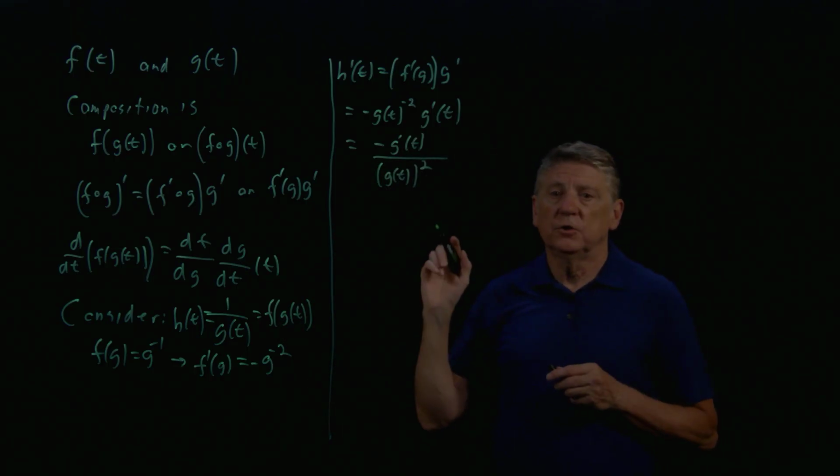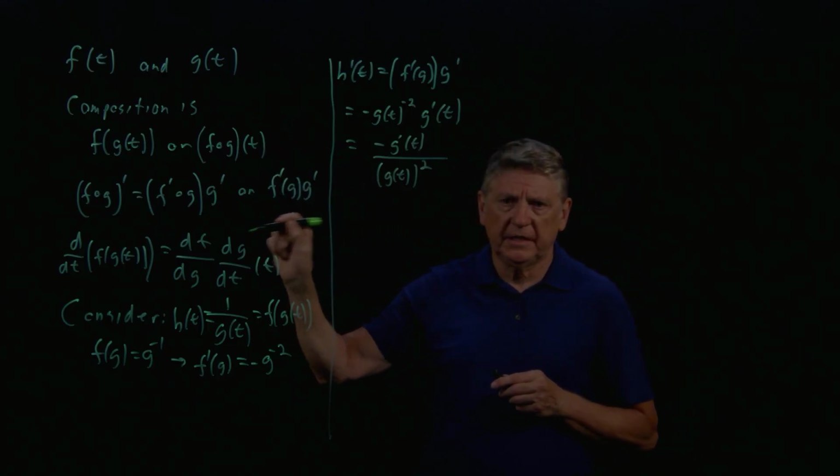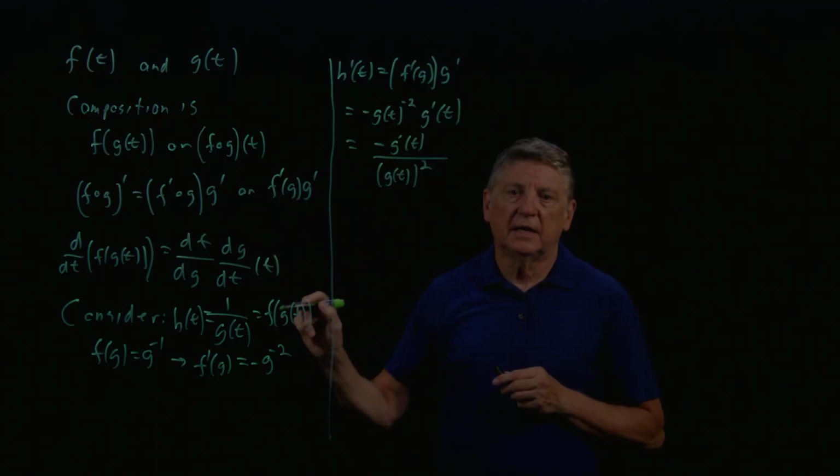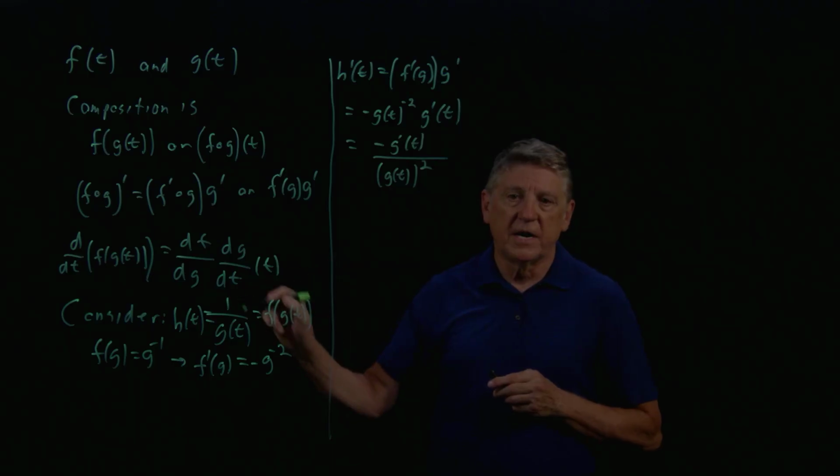So we can use the chain rule here to find the reciprocal rule, which is the derivative of 1 over a function.